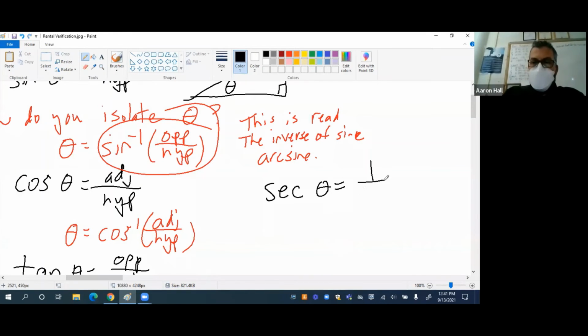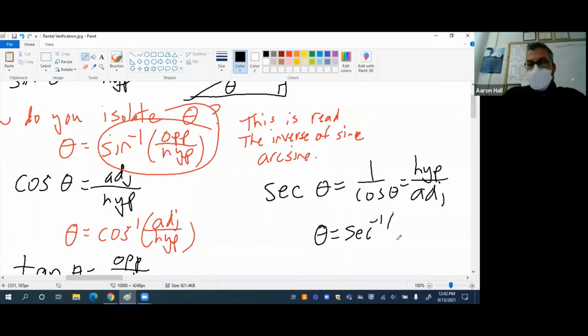Yeah, this is 1 over cosine of theta, which means that this is going to be, what's my ratio then? Yes, the hypotenuse over adjacent. So if I wanted to find theta, this is going to be theta equals the inverse of secant of hypotenuse over adjacent. Now, what if your calculator doesn't have secant, cosecant?